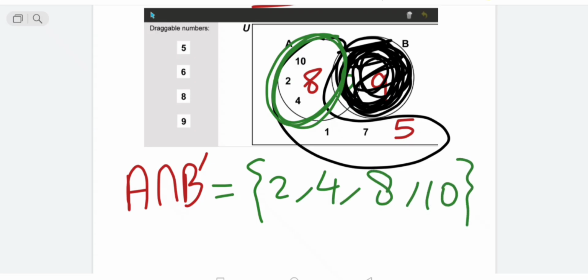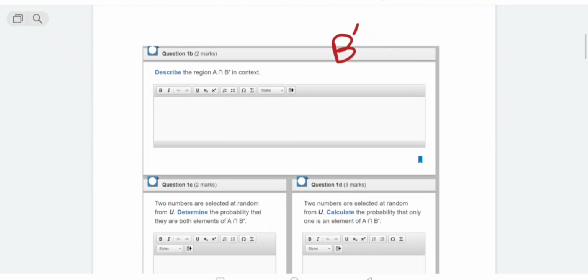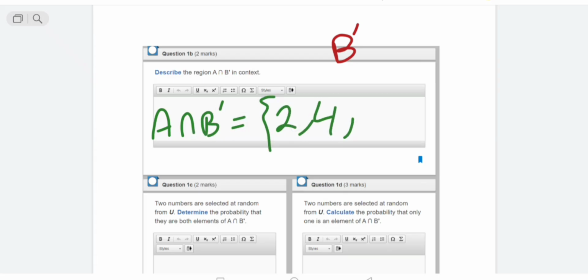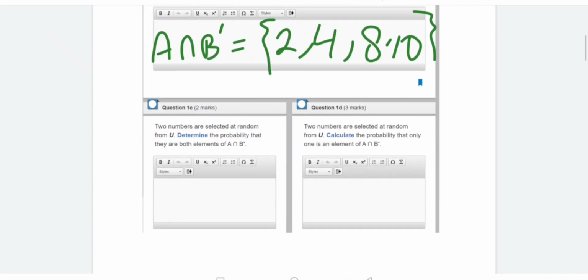So these are the elements which mean A intersection B complement. Let me write, A intersection B complement means 2, 4, 8 and 10. Okay, I wrote from here. Clear? Now look at the next one.